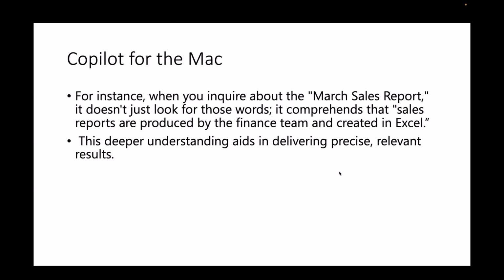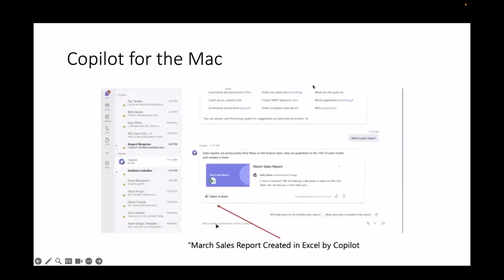It comprehends that sales reports are produced by the finance team, and it's created in Excel. This deeper understanding aids in delivering precise and relevant results. So in this screenshot, you see where the query was made about the March sales report, it actually created an Excel spreadsheet to show that information.